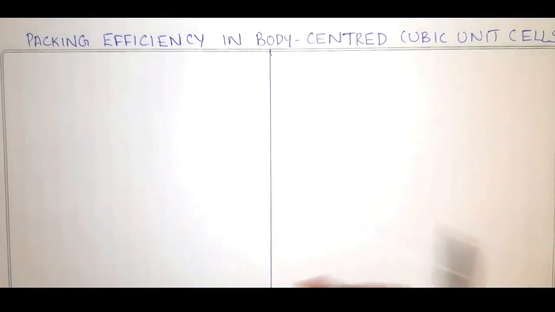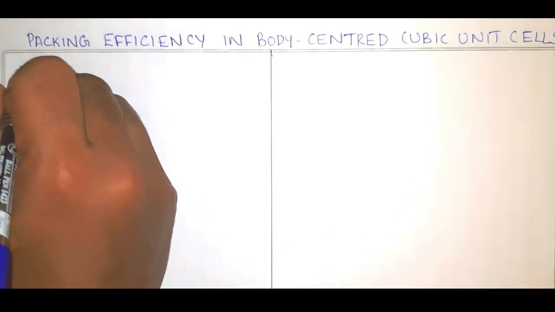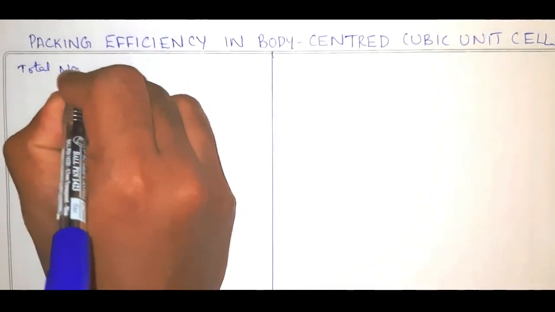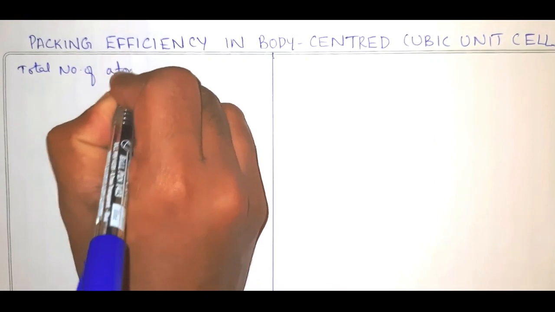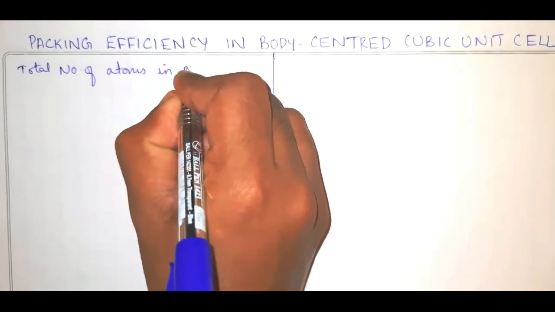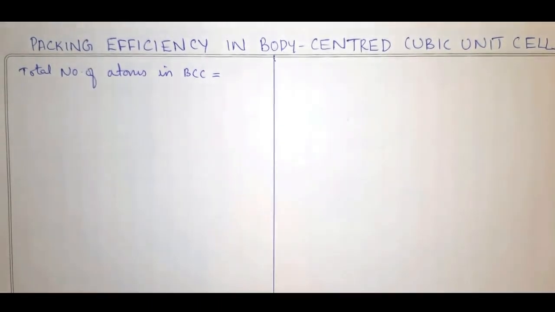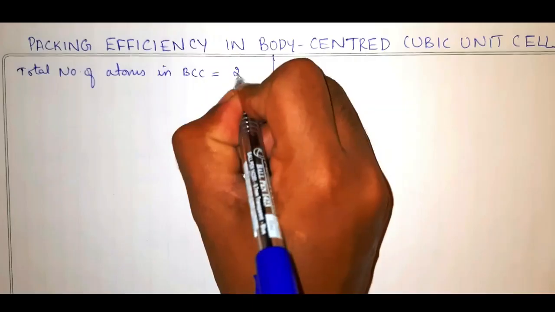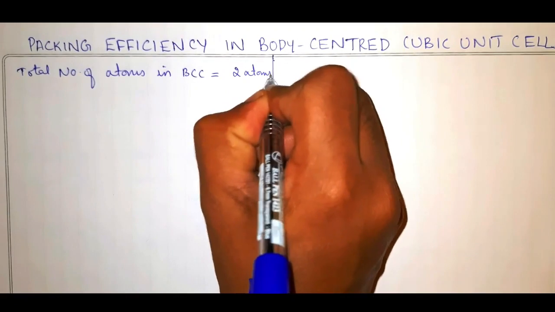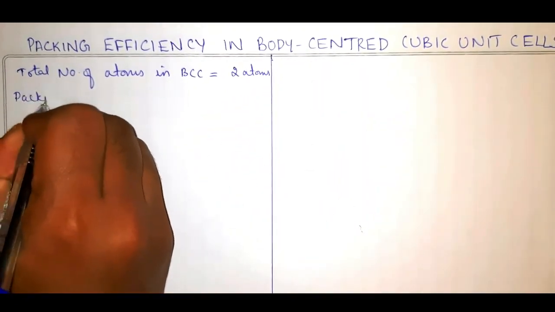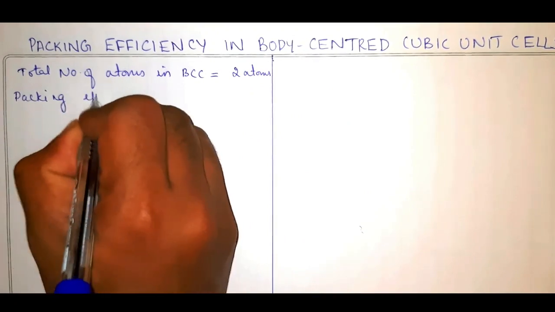So you know that the first step is you have to write the total number of atoms in BCC, because we are calculating here for BCC. Total number of atoms in BCC is 2. Now you have to write the formula for packing efficiency.